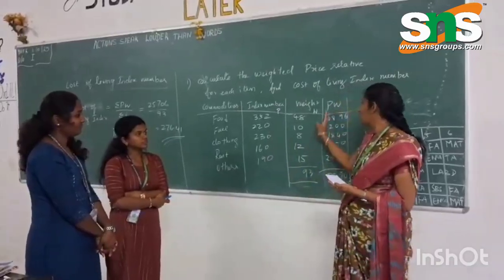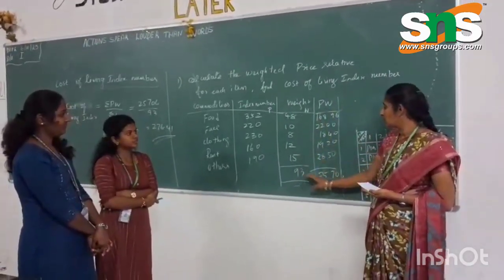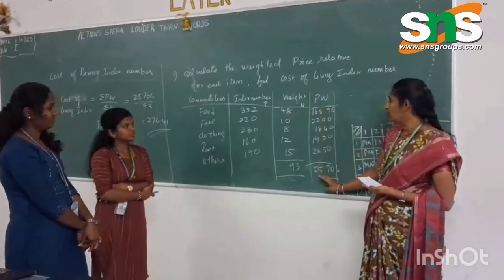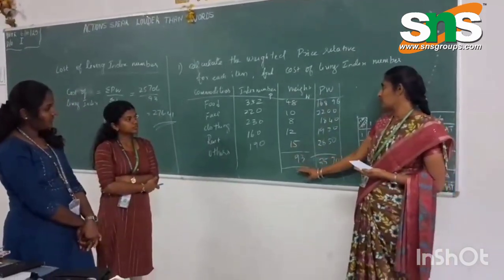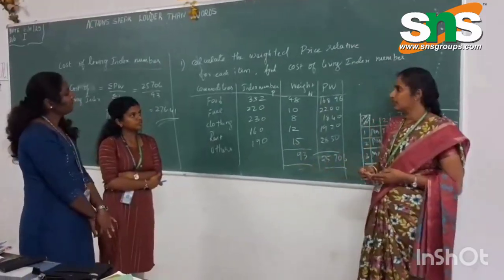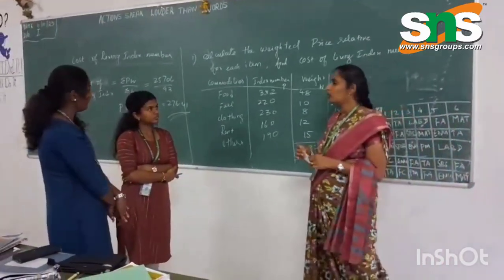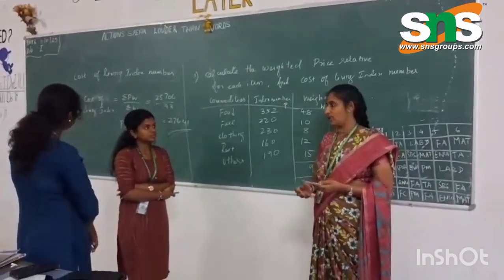Finally they have calculated the price with the weight. The summation of PW is 25700 and the summation of W is 93. Now she is going to explain how to calculate the cost of living index for Metro Y city.